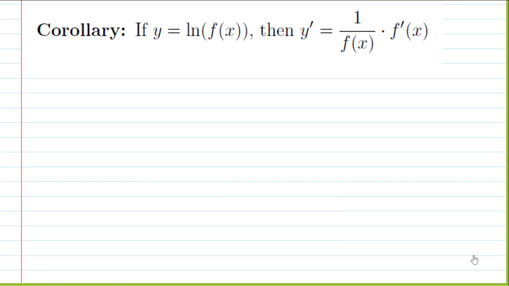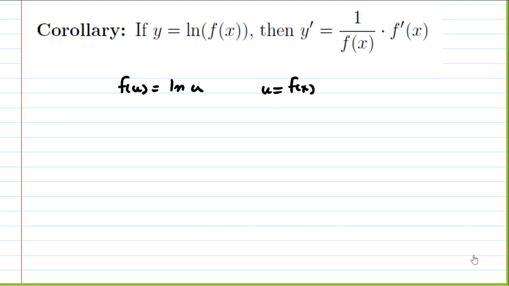So we have a special case. If we have the logarithm of f of x, then its derivative is 1 over f of x times f prime of x. And this is really just the chain rule. Because if we recognize our outer function, f of u is just, as we did in the last couple of examples, the ln of u, and u is f of x.